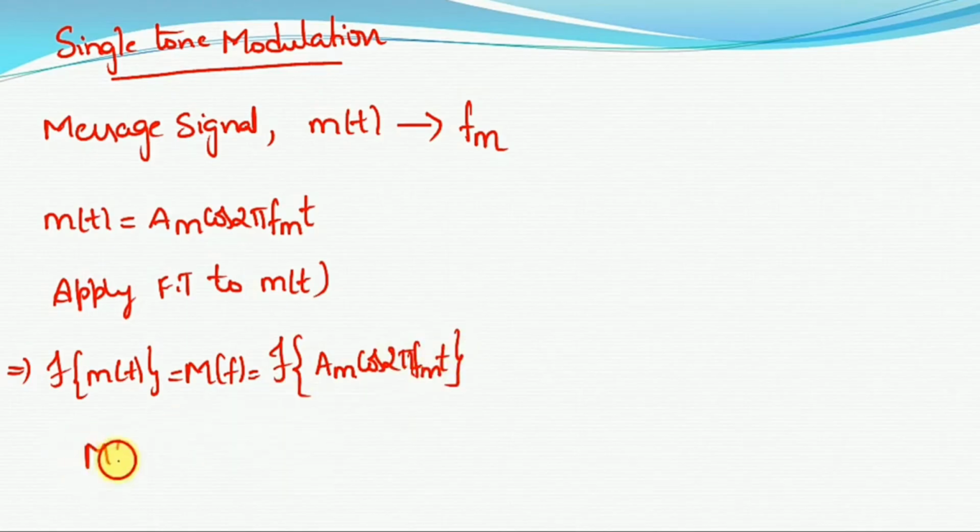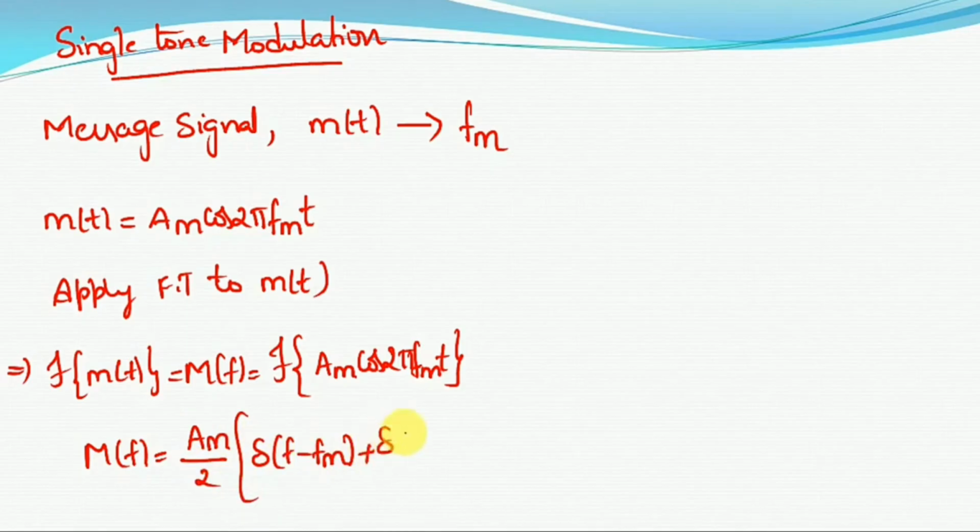It is an impulse signal equation, that is, Am by 2 into delta of f minus fm plus delta of f plus fm. This is the Fourier equation of a modulating signal or message signal.